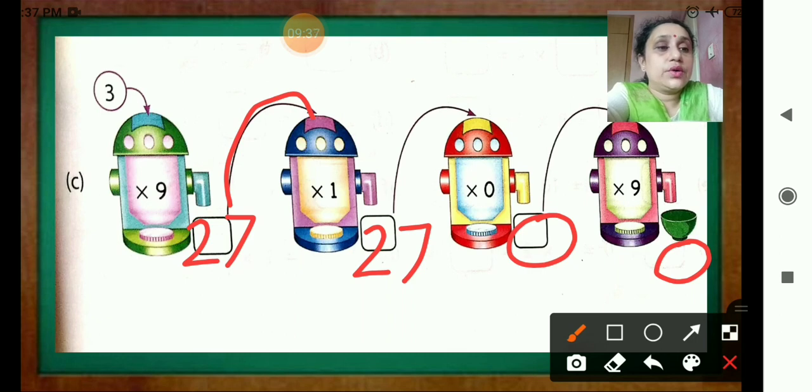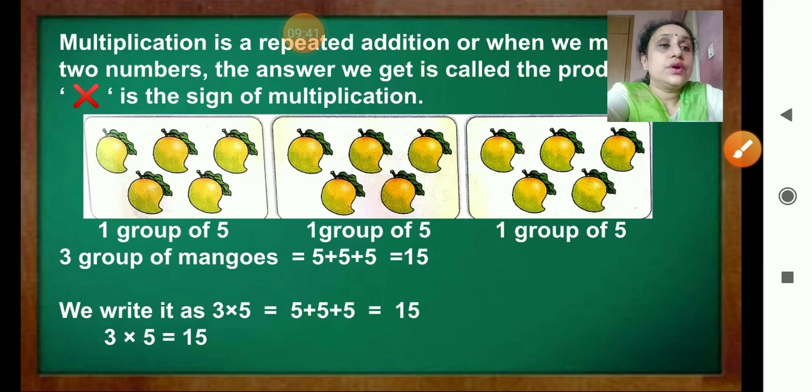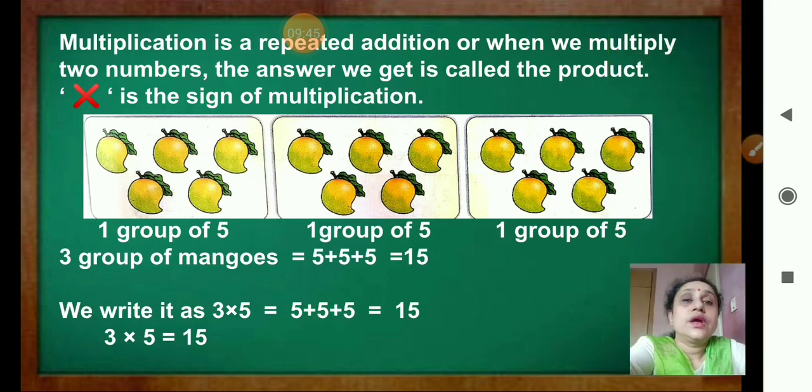Okay, now listen carefully. Now look here, I will show you something. Now what is multiplication? When I say open your book, then you will do it in your book. Multiplication is a repeated addition, or when we multiply two numbers, the answer we get is called the product.